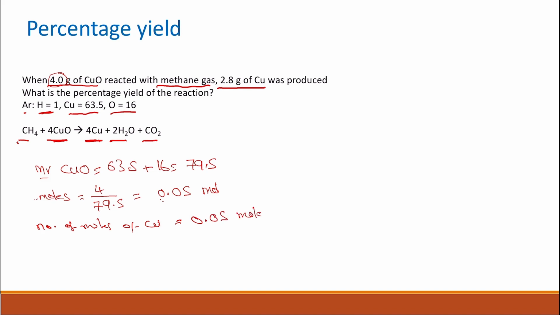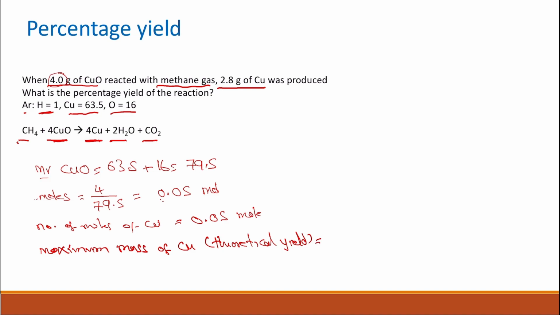We need to change these moles into mass to find out what's the theoretical yield, or the maximum mass of copper that should be produced.